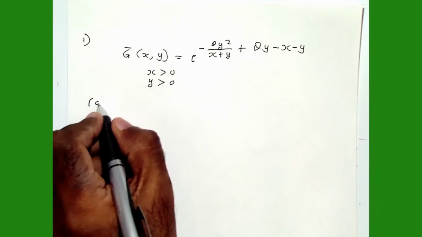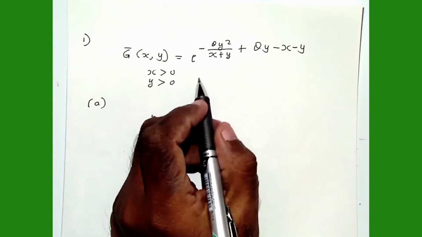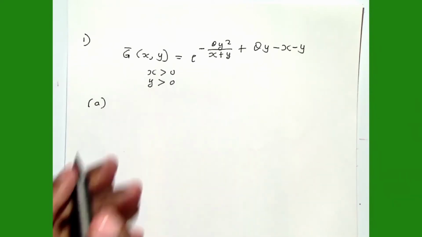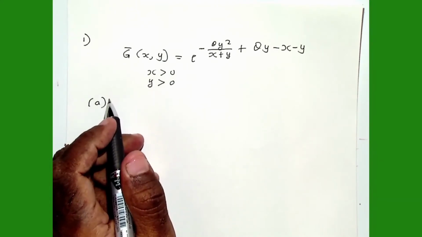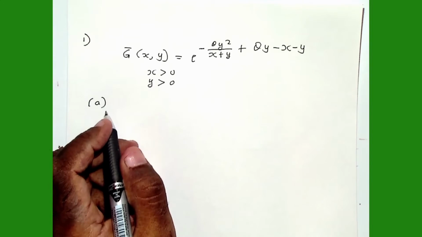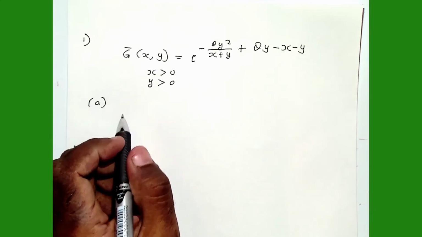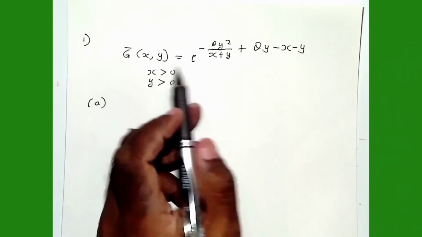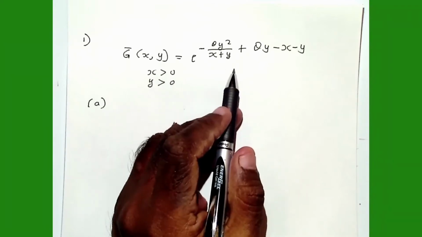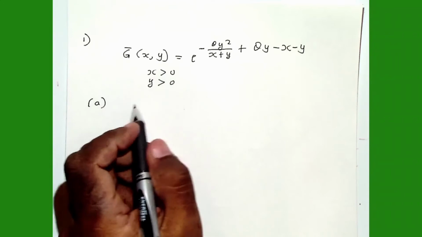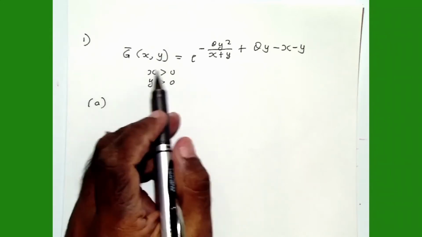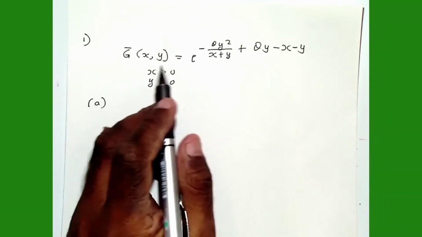Part A is asking you to show that this is a bivariate extreme value distribution. You may recall that I gave you 4 representations for a bivariate extreme value CDF. So what you need to figure out is which of the 4 representations this falls under. To do that, the first thing you must try to do is to determine the marginals of this.